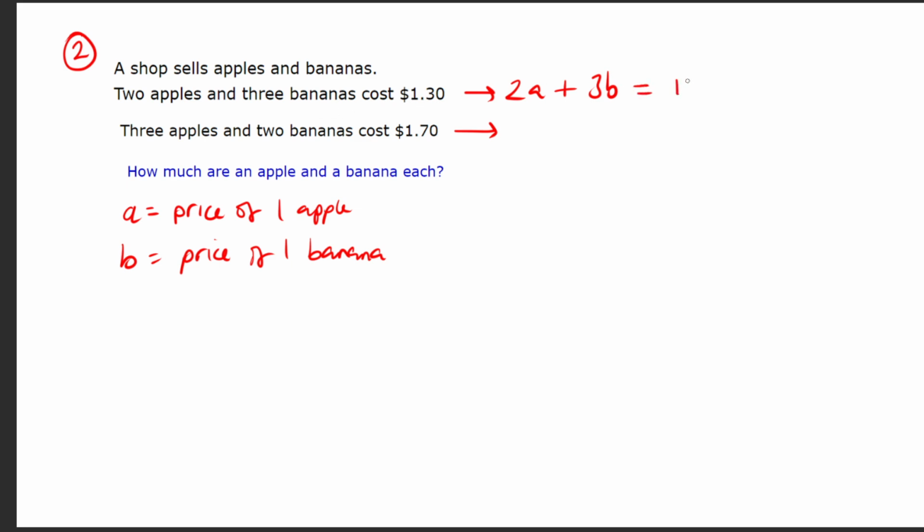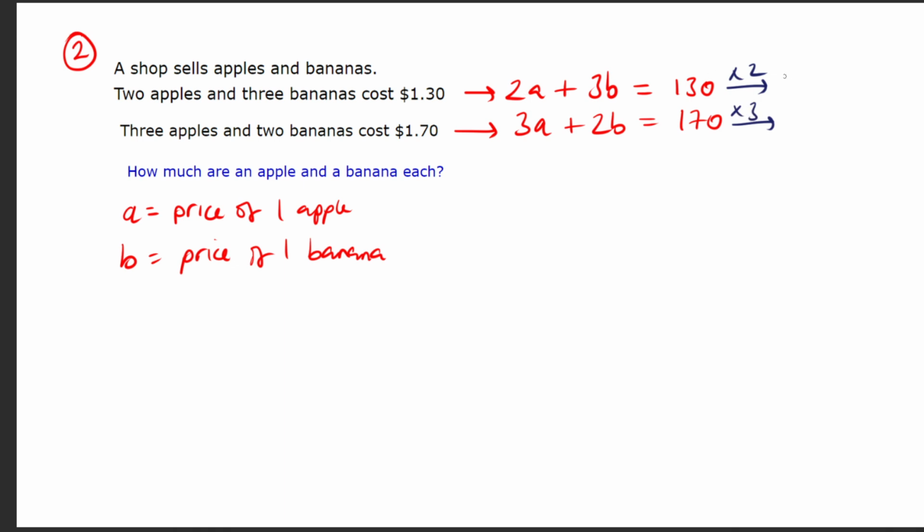Now I'm going to use cents just to avoid using decimals. Right, 3 apples and 2 bananas cost $1.70. So can we see that it's going to have to be written like this? 3 apples, 2 bananas is 170. And then you just solve this equation. Now, personally, I would probably times the top one by 2 and the bottom one by 3.